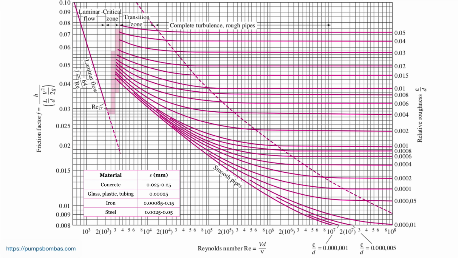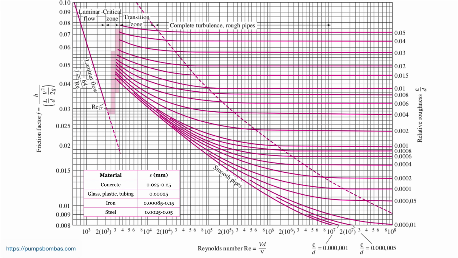The equation we see for laminar flow written there is f equal to 64 divided by the Reynolds number. This is the Poiseuille equation. As you can see, for the laminar flow zone represented by this straight line, the value of the friction factor does not depend on the value of the relative roughness, but only on the Reynolds number.